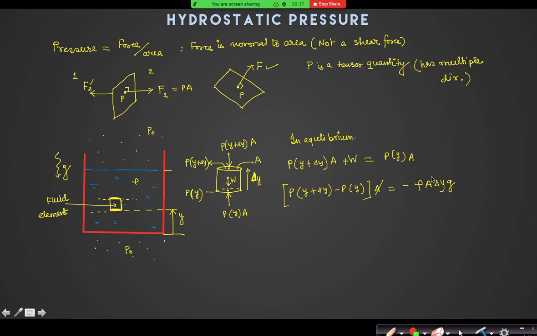Now you can cancel A and take delta y in the denominator: P of y plus delta y minus P of y, divided by delta y, is equal to minus rho g. Now, if this delta y has a very small value, can I put a limit, delta y tends to 0?